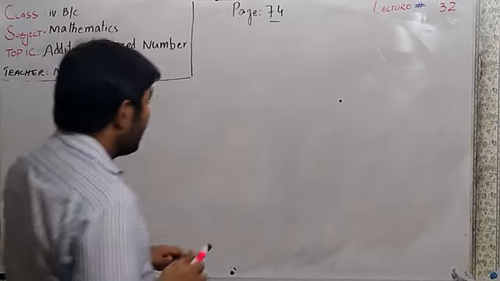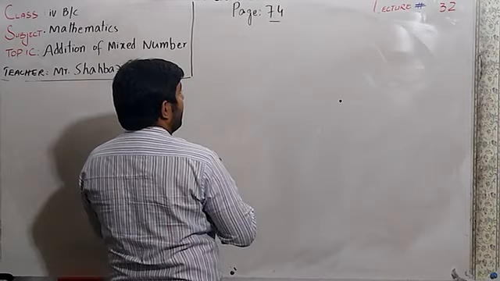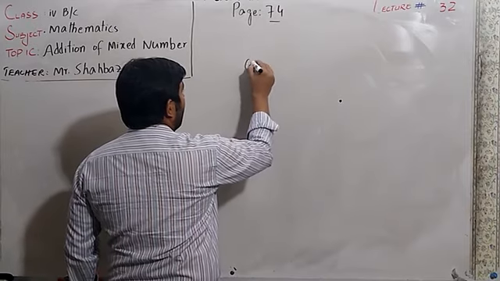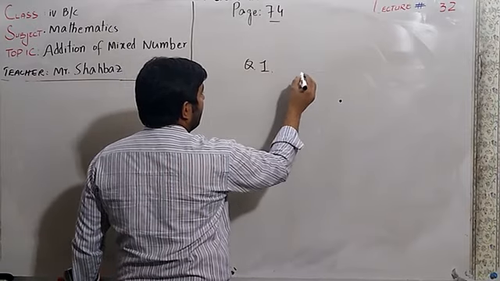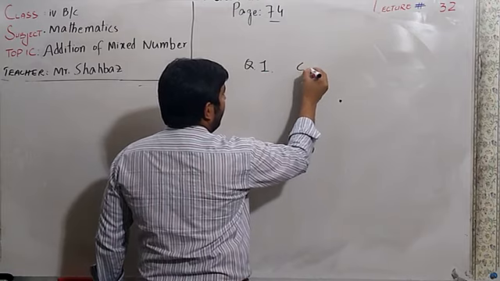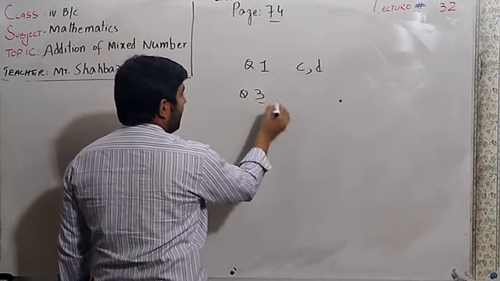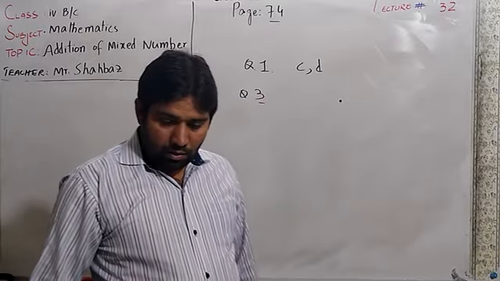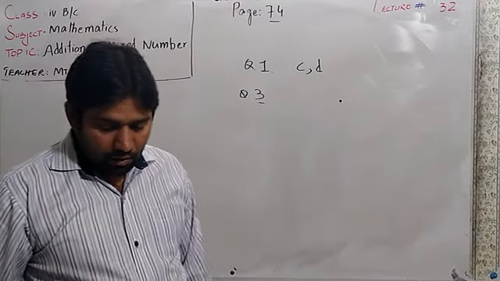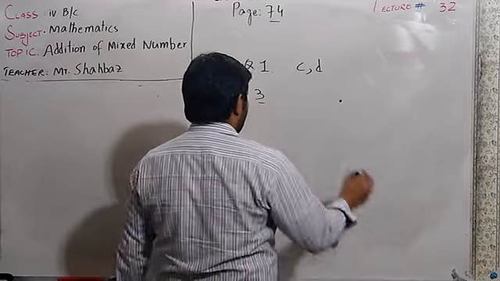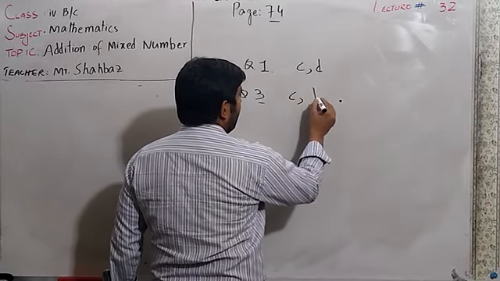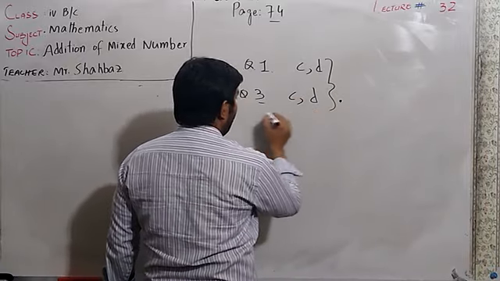Homework is page number 74, question 1, part C and D is your homework. Question 3, also I did 2 parts A, B and C and D is your homework.